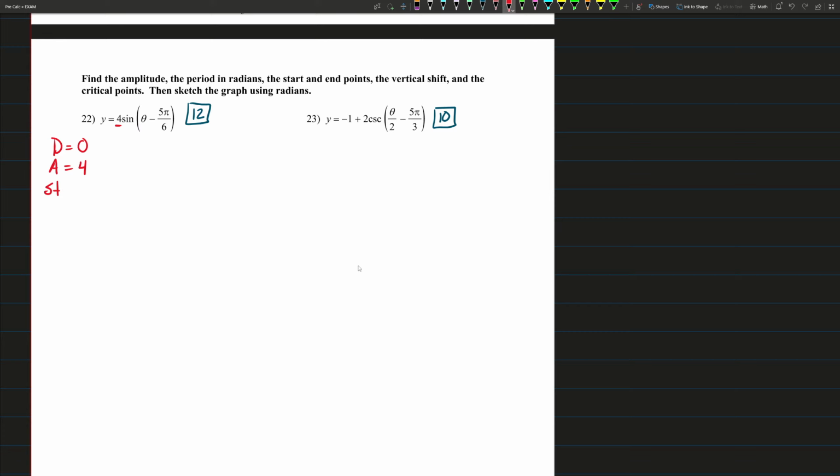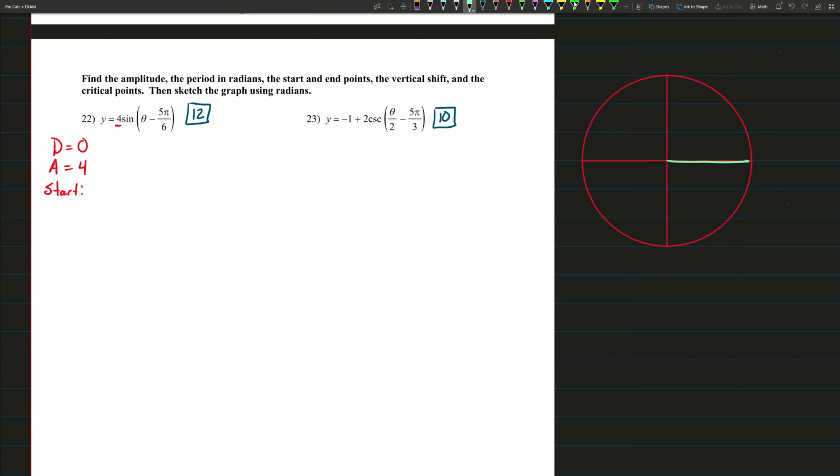We have to find a start point. And if we think about a unit circle, this initial angle is 0, right?